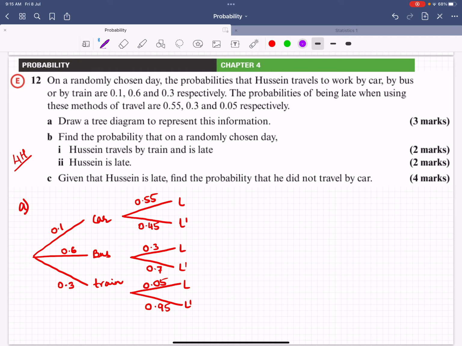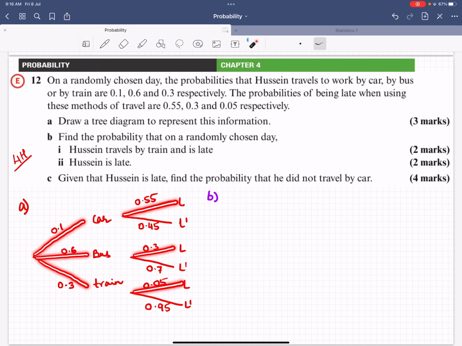Part B, find the probability that on a randomly chosen day, Hussein travels by train and is late. So we need to find in general that Hussein has traveled and he is late. So it could be he traveled by car and he was late, or he traveled by bus and he was late, or he traveled by train and he was late.